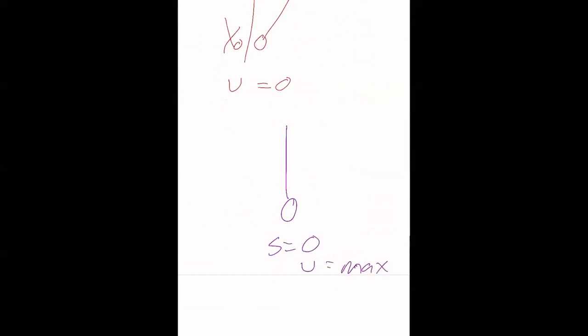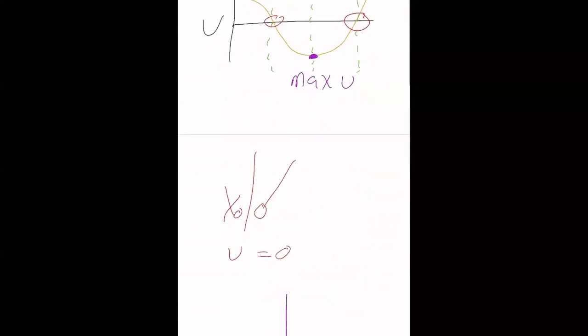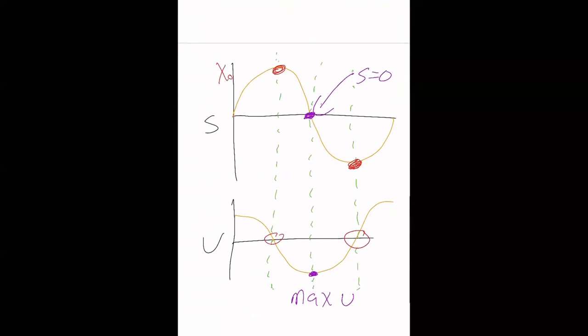In other words, when the pendulum is at its downward point, the displacement is equal to 0, and the velocity is at its maximum. So you have maximum velocity when displacement is 0, and that's exactly what that graph shows you over there. It tells you that when the displacement is 0, or when it's at its equilibrium position, it has its maximum velocity.